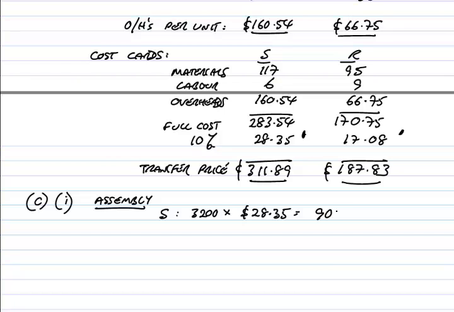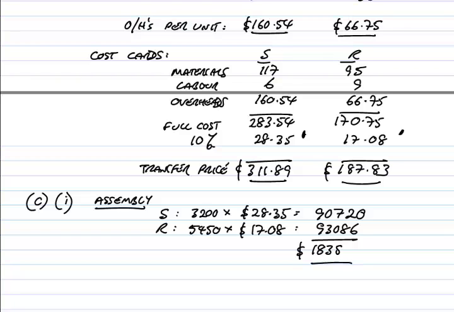So 90,720, and for R 5,450 units, 17.08 the profit they're making per unit, 93,086, so a total of 183,806.